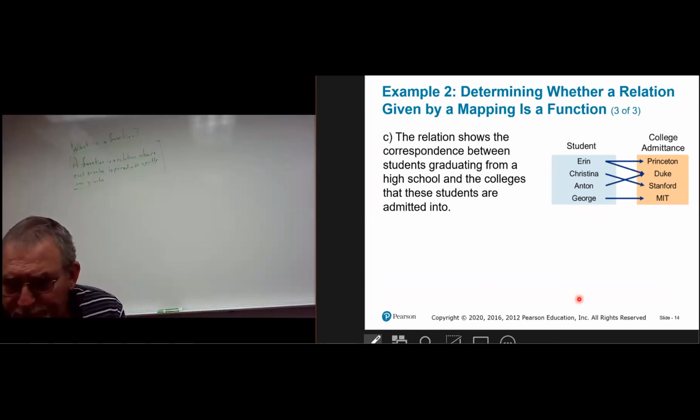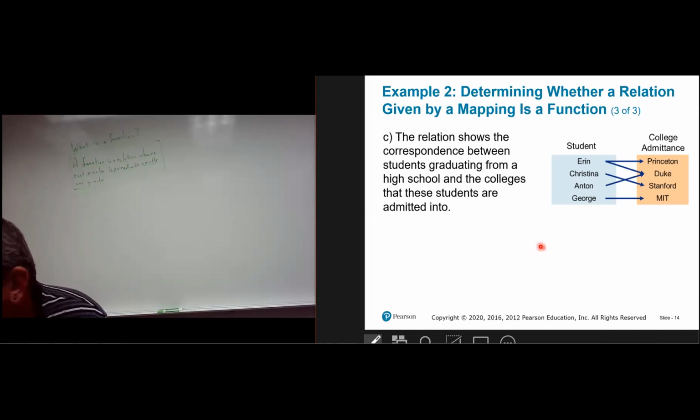Is this a function? The correspondence between students graduating from high school and the colleges that these students are admitted into. Is it a function? I saw a tentative head shake. Oh, I see a thumbs down. So no. Why not?